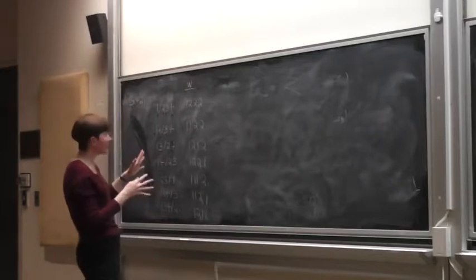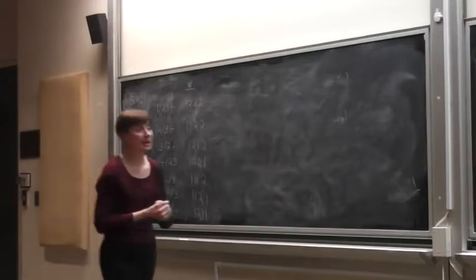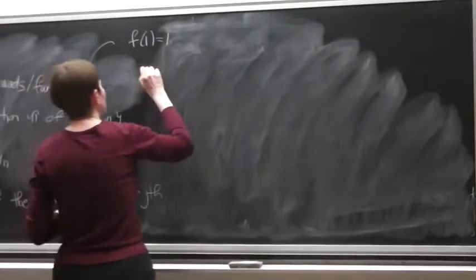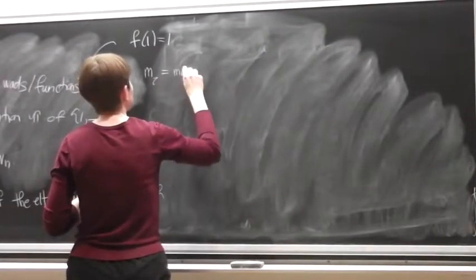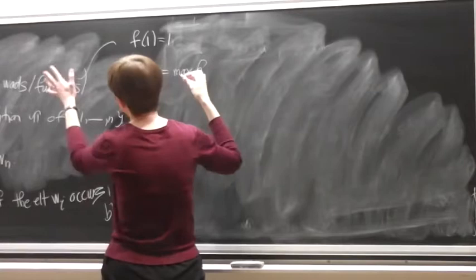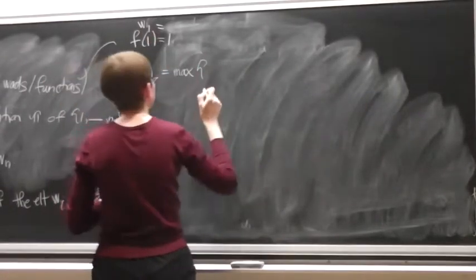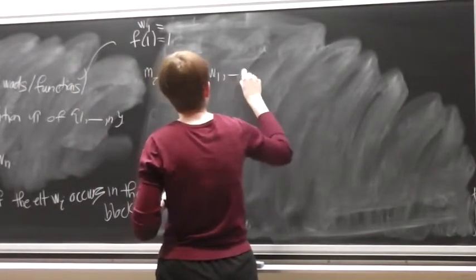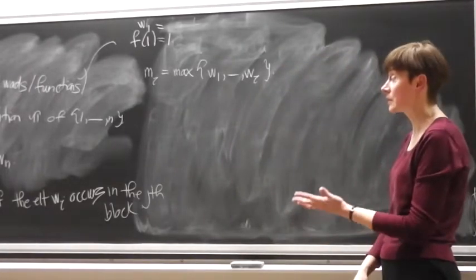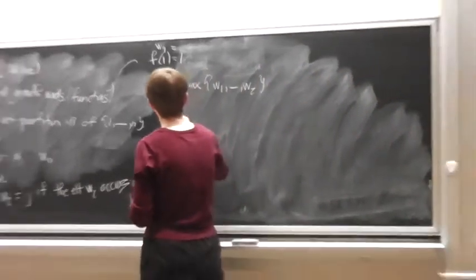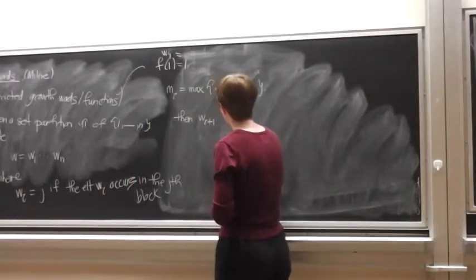And then the other thing, which might not be so clear in this small example, is that this standardization gives you the following. Let mi be the max of the previous entries of this word w. You look at the max of the entries w1 to wi, and then you look at the next value, w(i+1).